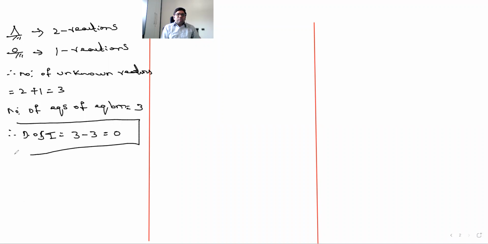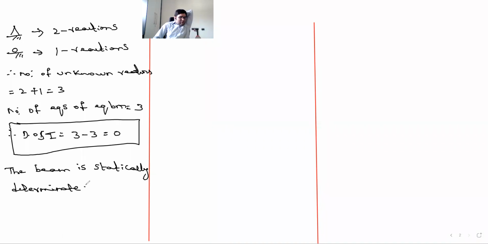Because this is equal to 0, the beam is statically determinate. That's how we solve the problem for the simply supported condition.